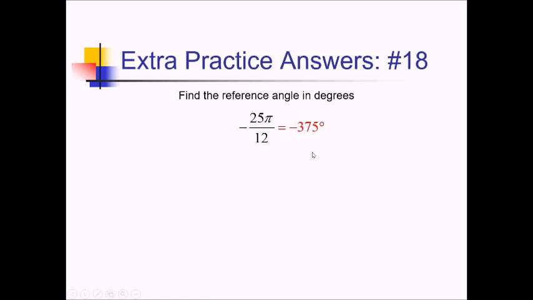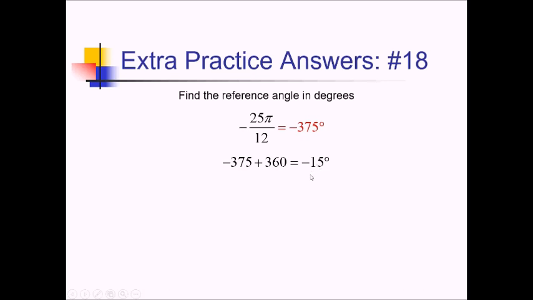I don't know, but I know that I can get closer to an answer if I add 360 and at least get this a little bit closer to an angle between 0 and 360. So if I add 360 to that, that's going to be negative 15 degrees. Now the long way of doing this would be to add 360 again, get some angle in the fourth quadrant, and subtract it from 360.